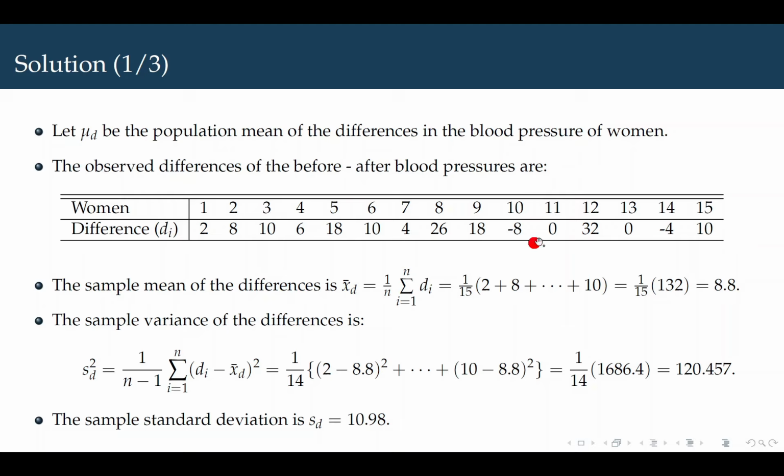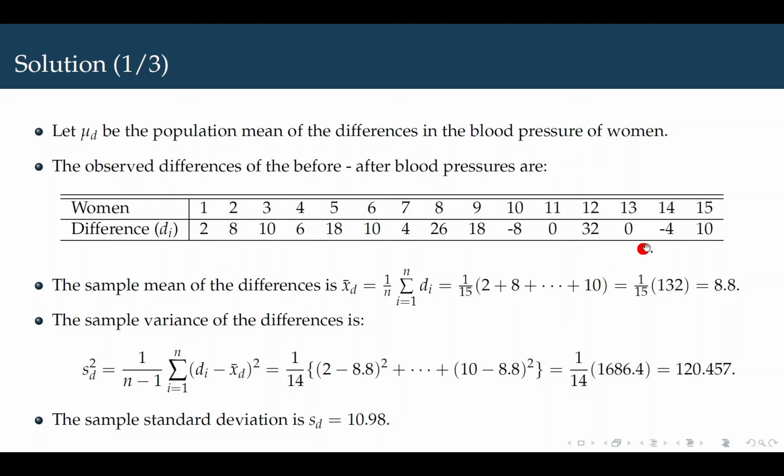But for these two individuals, the difference is negative. And for these two individuals, the difference is 0. Therefore, our interest is whether the population mean of these differences is actually 0 or not.